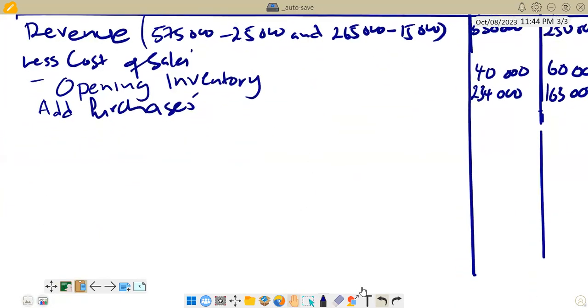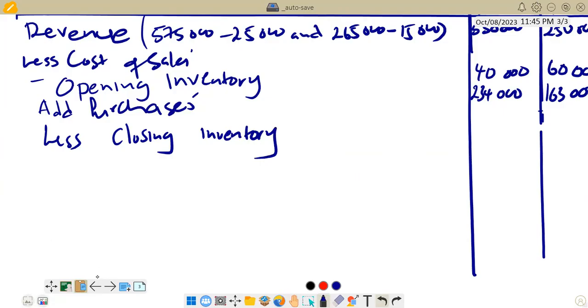Move our page up. Then after adding purchases, remember that formula of the trading account with then less closing stock or closing inventory. Right, we go and check again our closing inventory.